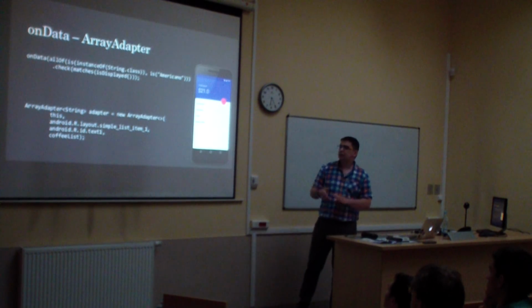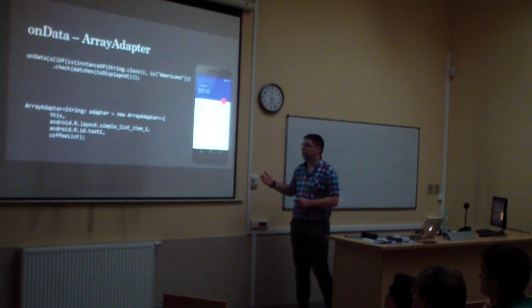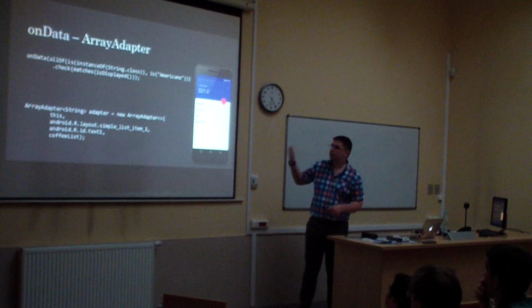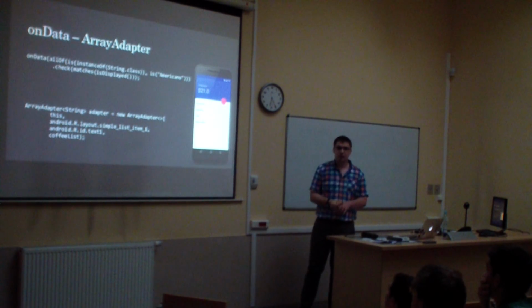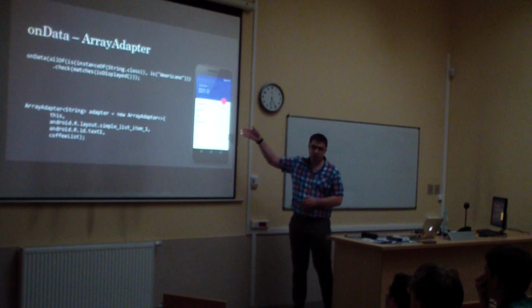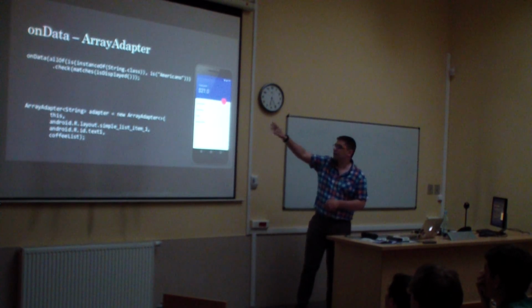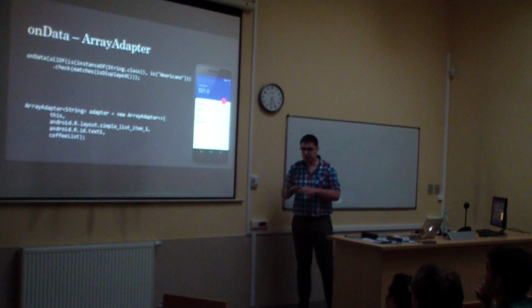And in the onData method we verify that yes, this method returns a string, and this string is Americano, as in this example. And when we finish here with onData and we finish after Americano, we don't verify anything.